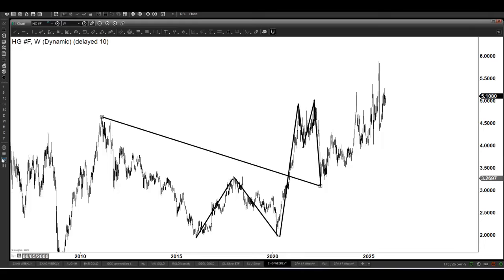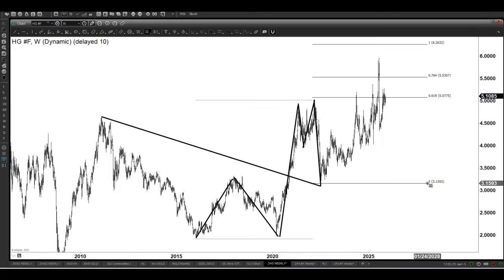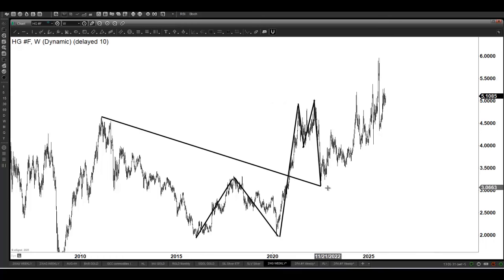And since then, copper rallied again to new highs in a very overlapping move. This overlapping here, this overlapping move is telling me that copper is nesting.